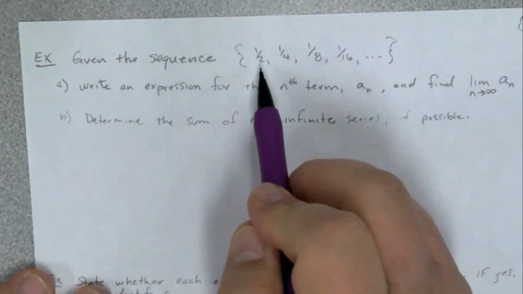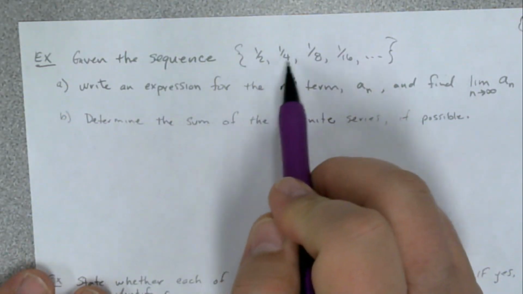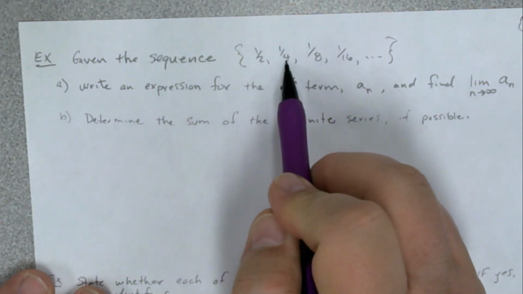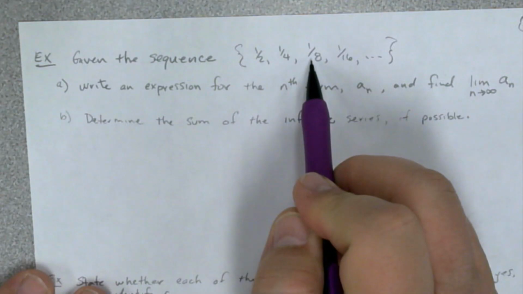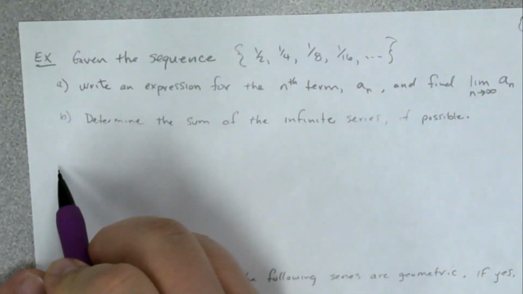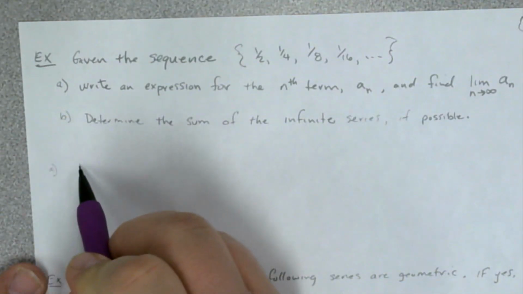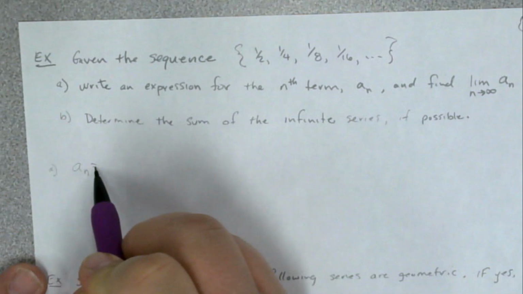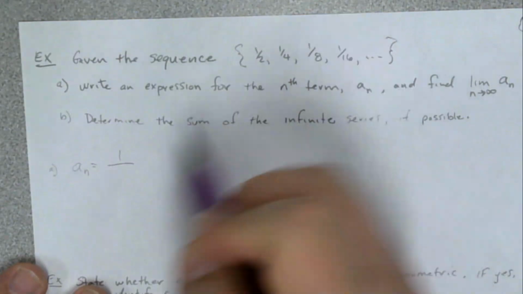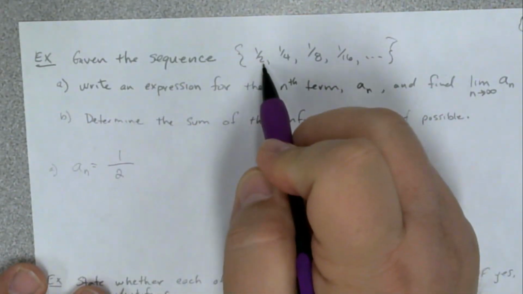And now you can see, yes, I can. I'm multiplying by 1/2. 1/2 times 1/2 is 1/4. 1/4 times 1/2 is 1/8, and so forth and so on. And so because of that, I can find a sub n is going to be 1 over 2 to a power, and that power is going to be whatever term I'm in.